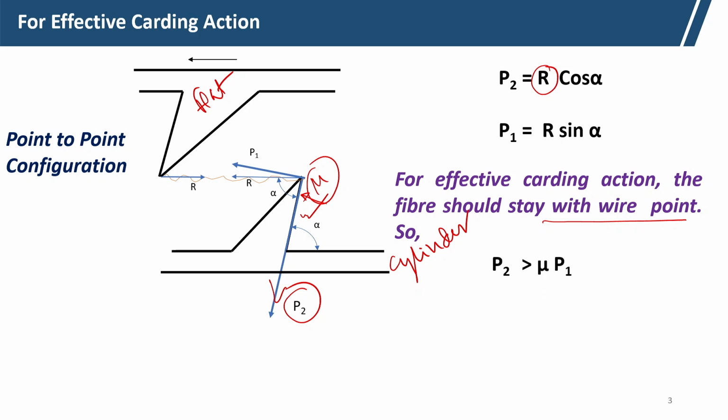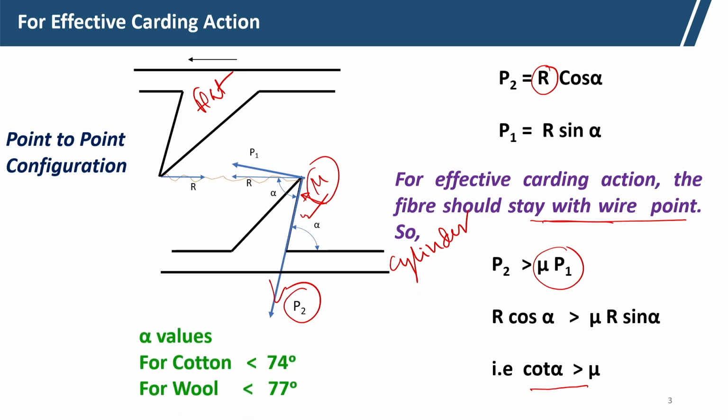So, if P2 is more than mu P1, the wire point will keep the fiber along with it. So, it will stay with the wire point. And so, R cos alpha is more than mu R sin alpha. So, we get cot alpha more than mu, that we have already discussed in the last session.